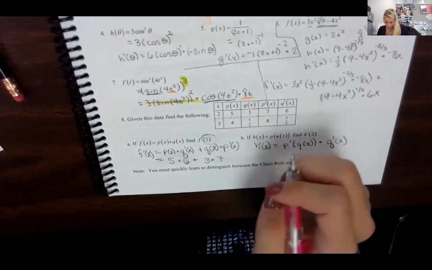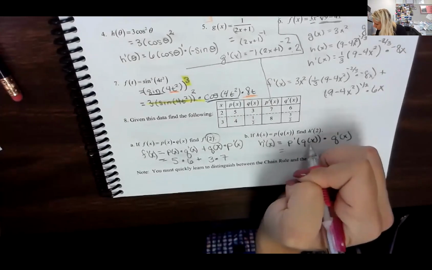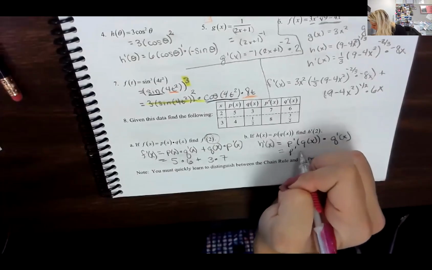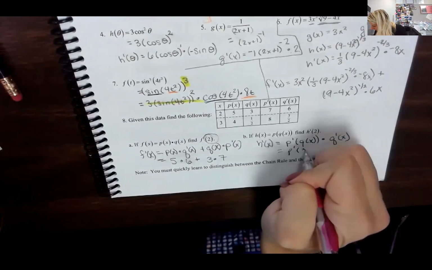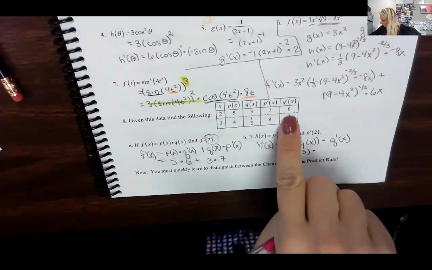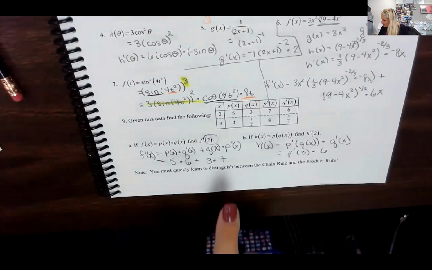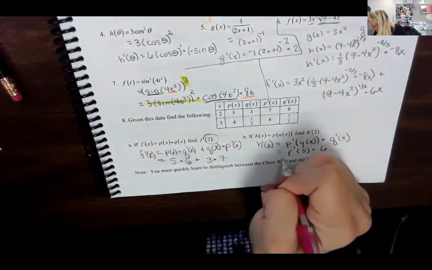Now let's put our stuff in. Well, 2 for X, we would get P prime of, well, Q of 2 is 3, times Q prime of 2 is 6. P prime of 3 is 8.